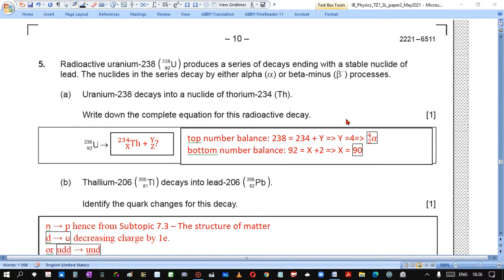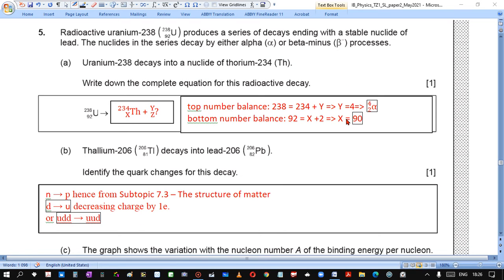Kelvin. Question 5. Radioactive uranium produces a series of decays ending with a stable nuclide of lead. The nuclides in the series decay by alpha or beta processes. Uranium-238 decays into the nuclide thorium-234. Write down the complete equation for this radioactive decay.